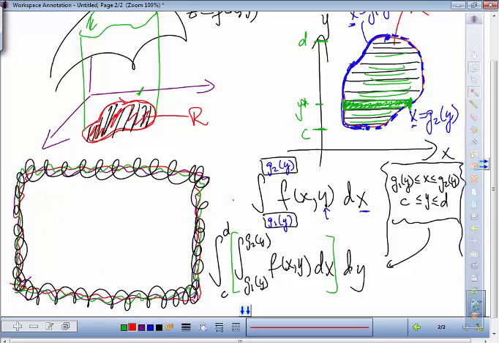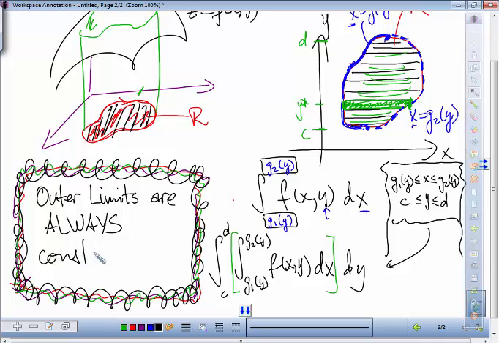So here's the sentence. Outer limits are always constant.